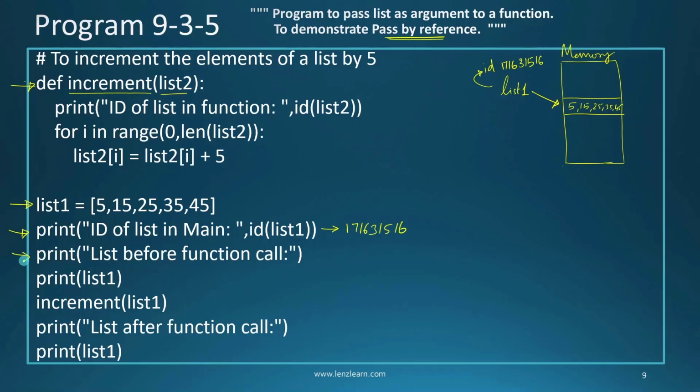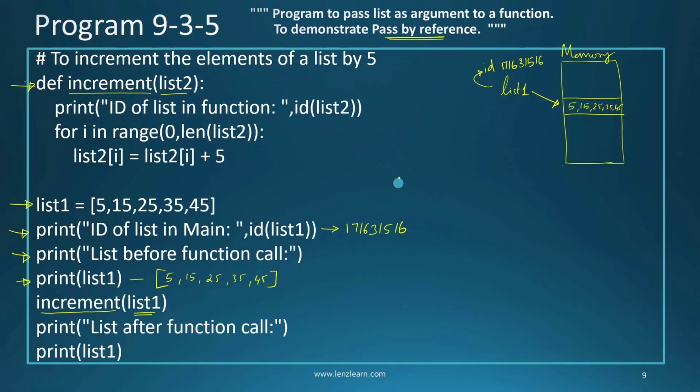Now I will print the value of list 1 before the function call. Before I go to the function, I am just printing the content of list 1, so the value printed will be the same value that I have inputted here: 5, 15, 25, 35 and 45. After that I'm calling the function increment with the content of list 1.